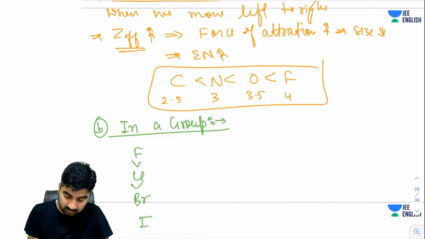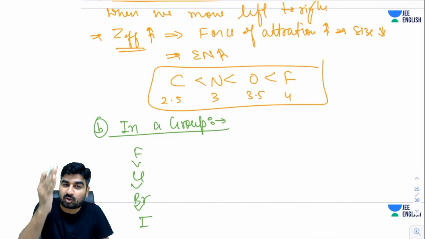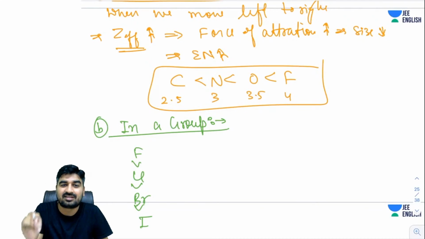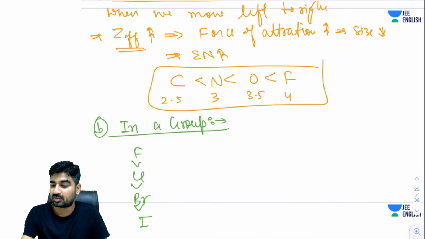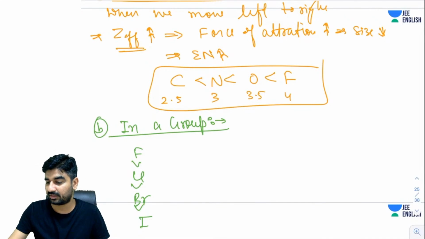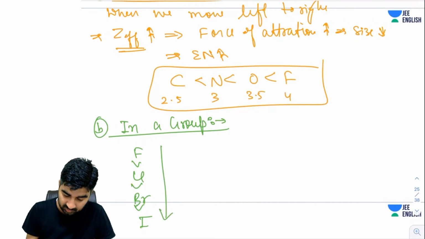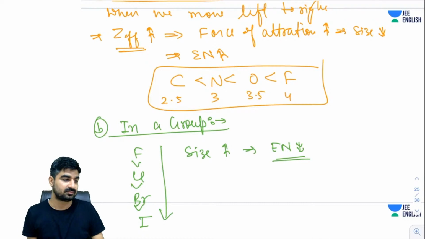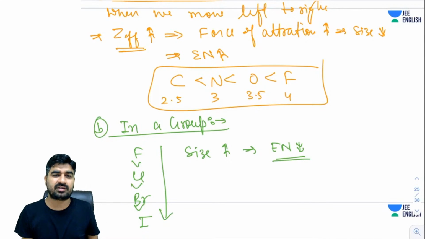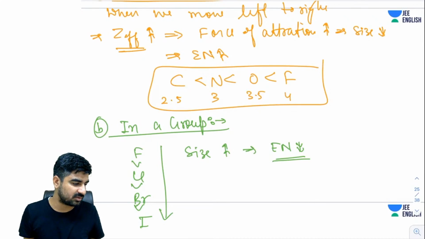You can easily understand that when we are moving top to bottom, size is increasing, and if size is increasing, then force of attraction will decrease, and in turn tendency to attract shared pair will also decrease. So I can say when we move top to bottom, size increases, and this means electronegativity decreases. Any doubt? It is a general trend and we don't have to go into much detail.